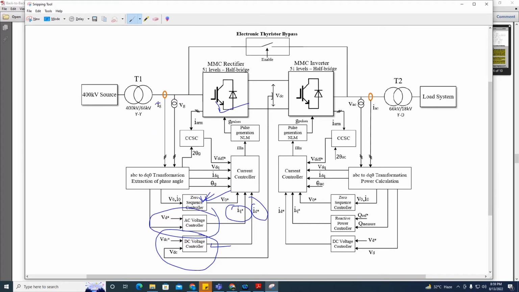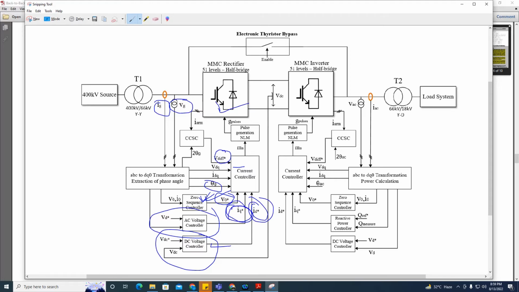To transform these currents and voltages into DQ, we need to extract the phase angle using PLL. So the input quantities to this inner current control will be the reference voltage of the zero sequence controller V0, and the reference output of CCSC, circulating current suppression control, where differential voltage will be the input to this inner current controller, ID, IQ.